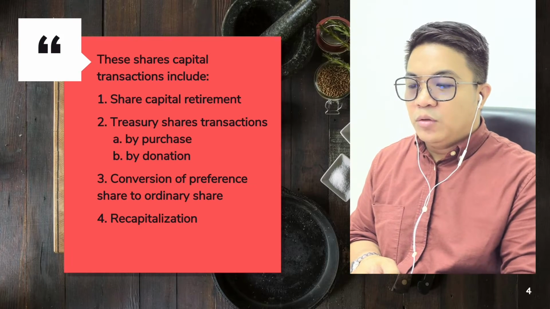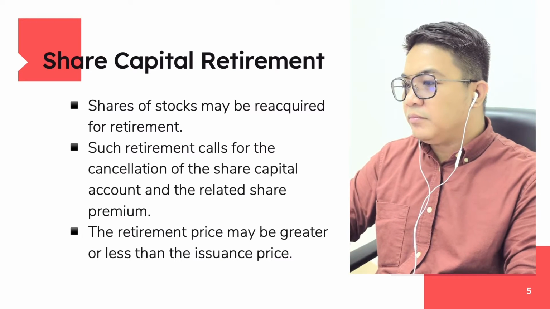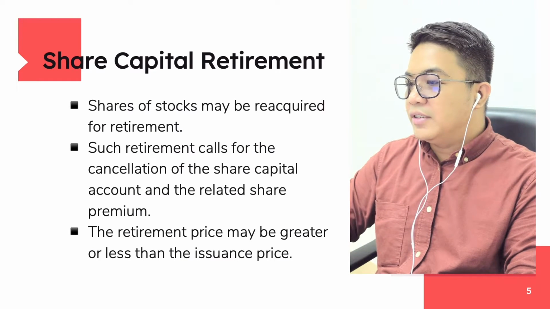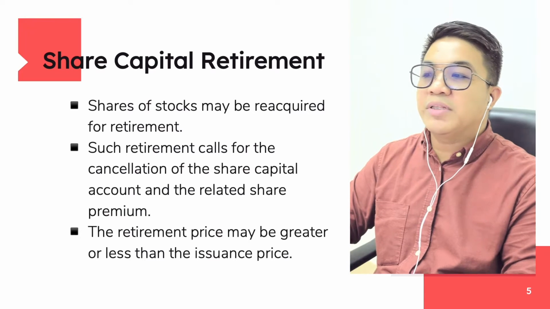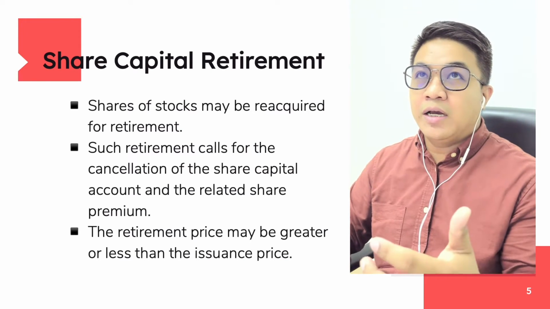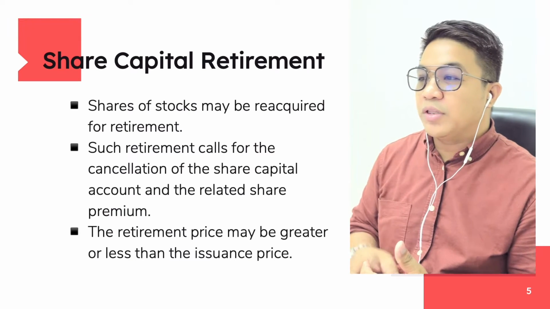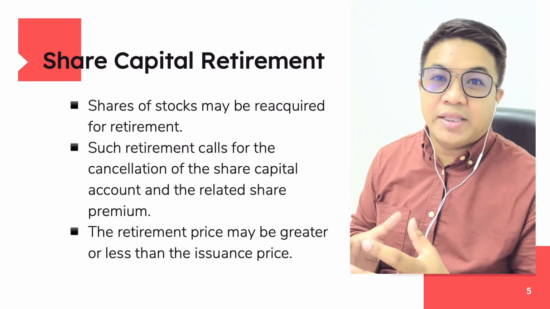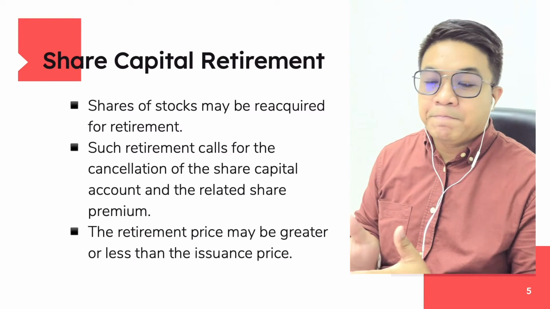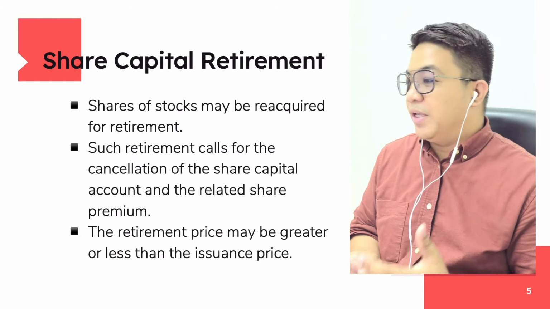So, to start with our discussion, let's see the slides, share capital retirement. When we say retirement, the share is purchased again by the company or corporation, reacquired, then retired. That means we cancel the share capital account in connection to that.